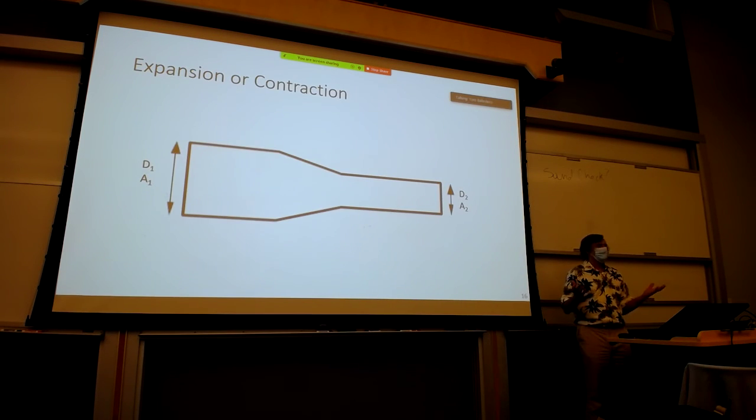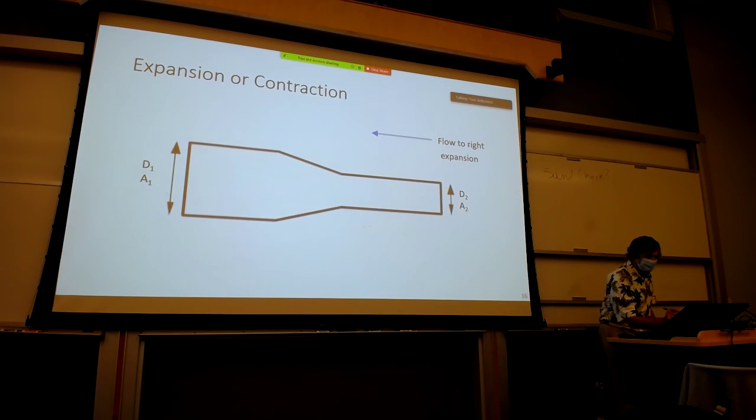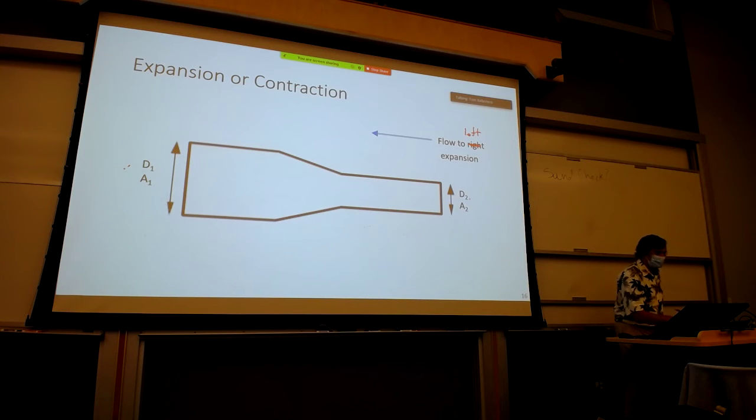So, is it an expansion or a contraction? It has everything to do with which way the flow is going. One thing you're going to learn quickly, I'm dyslexic with left and right. So flow to the left, in this case, would go from a small diameter, D2, to a larger diameter.